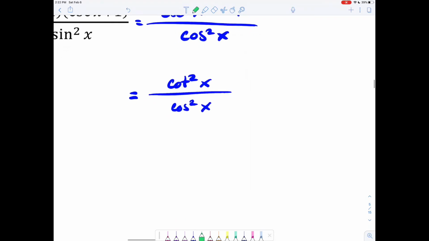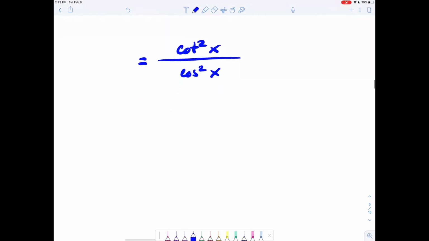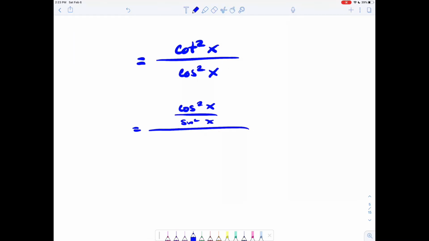My next step from there, well, cotangent isn't a primary, so I'm going to express it as a fraction of primary functions. It's cos squared x over sine squared x. And that's all being divided by cos squared x. So there's the rationale there. There's the justification for it.